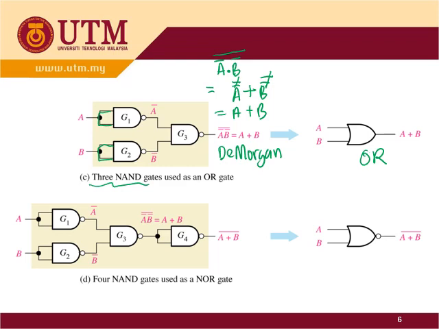We don't need NAND to represent NAND because it is already NAND. That means we need to represent NOR, because NOT is 1, AND is 2, OR is 3. So now for NOR, you need 4 NAND gates.